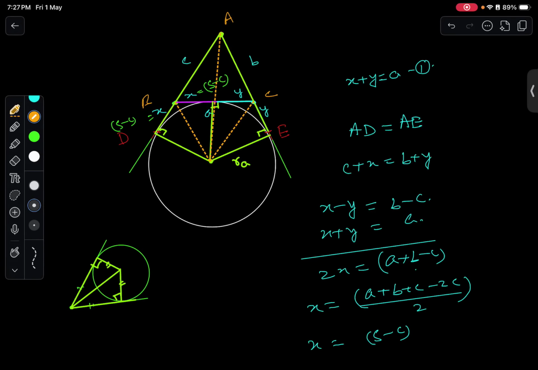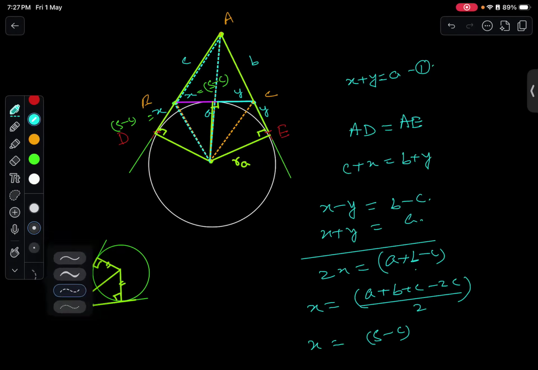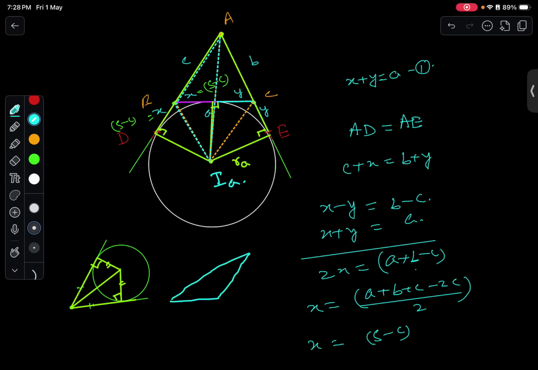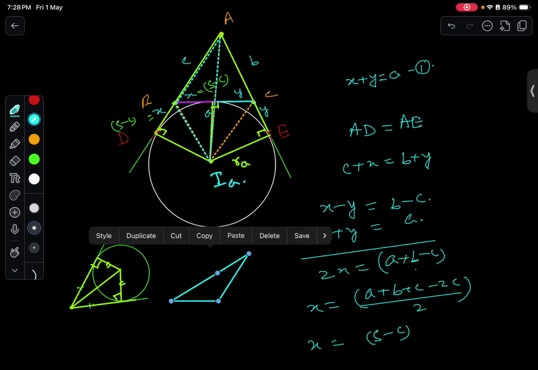Now, first, if I'm going for this triangle, can you see what is the meaning of this triangle? This means A, B, and I A. This triangle is the obtuse angle triangle, something like this.